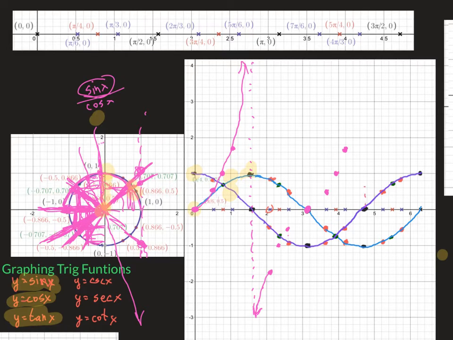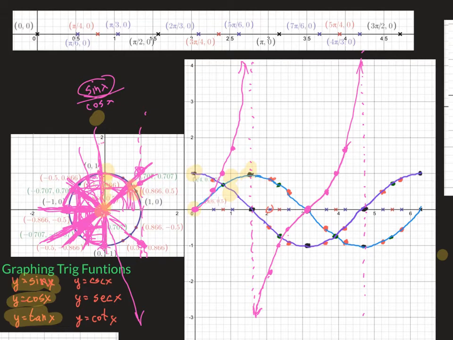And when you finally get to 3 pi by 2, right here, now the sine is -1, the cosine is 0. Well, -1 over 0 is undefined. You have yourself another asymptote. There you go. And this is the look of it.